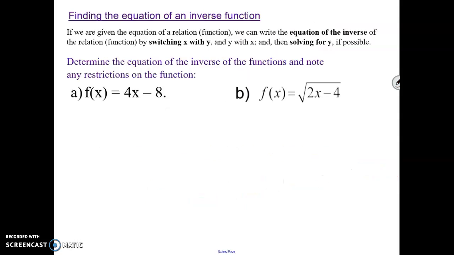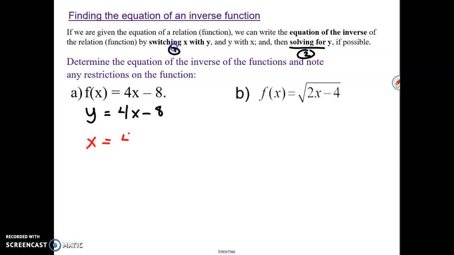Next thing you have to be able to do is find the equation of an inverse function. So we just did that before. Step 1 is you're going to switch x and y, and then step 2 you're going to solve for y. So the same 2 steps every time. Let's look at part A. Here's our equation, y equals 4x minus 8. Step 1, switch your x and your y.